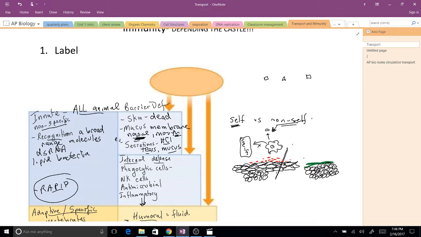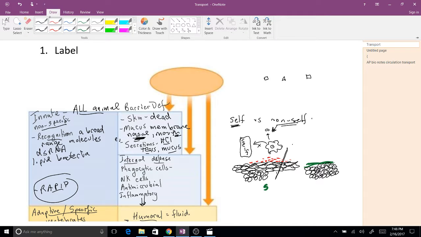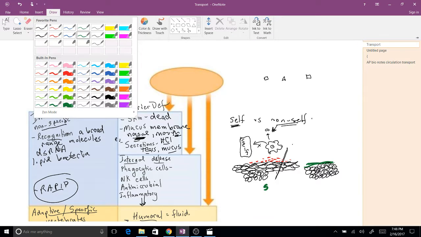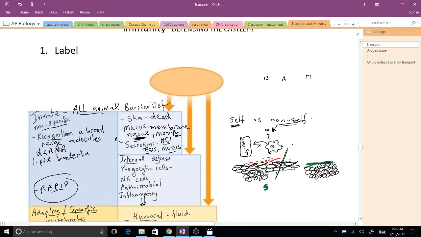Now, if it got inside, then we have what we would say are the sentries. They crawl around our body. We have these in really specific areas too, like our lungs. We have these macrophages that crawl around, and these are sentries. These sentries basically look out for anything they don't recognize.